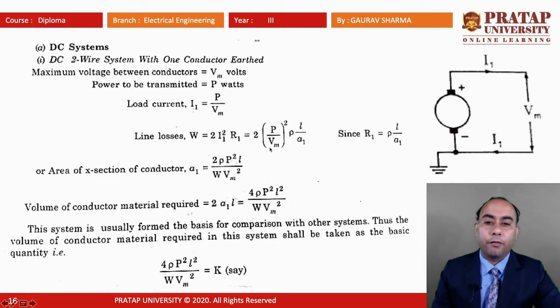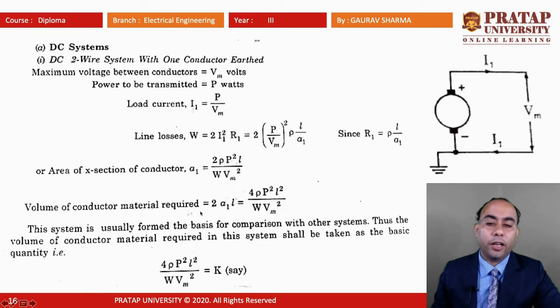Then we put in the value of I1 from the load current, and the resistance is rho L upon A, where the area of the conductor is A1. From this equation the area of cross section of the conductor is 2 rho P square L divided by W Vm square.